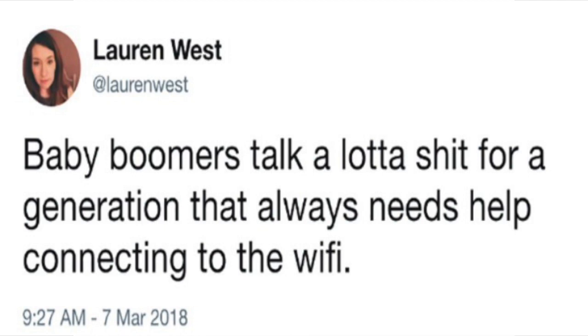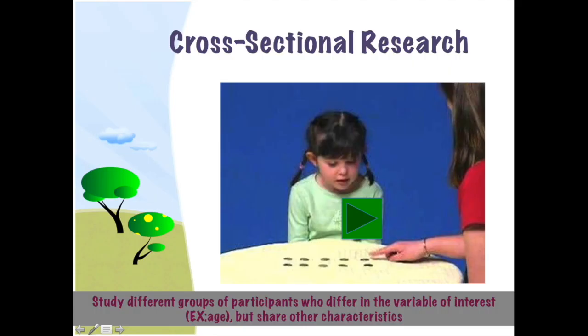And so that would need to be considered when we're doing cross-sectional research, because if we're looking at age groups and everyone in the same age has similar experiences that are affecting their behavior, those similar experiences could become confounding variables if we don't account for them and control for them.